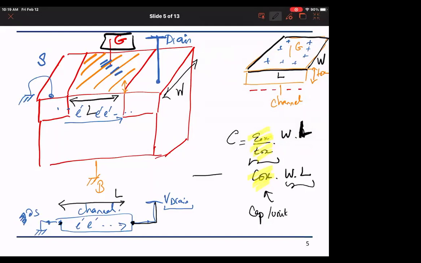V over L, exactly. So this distance is L, and I'm applying V here. I get a field which is equal to V over L. But the voltage here happens to be applied from the drain to the source, so I'm going horizontally, and the distance between the drain and the source is the channel length L. Okay? Yes, okay. Great. Thank you very much.